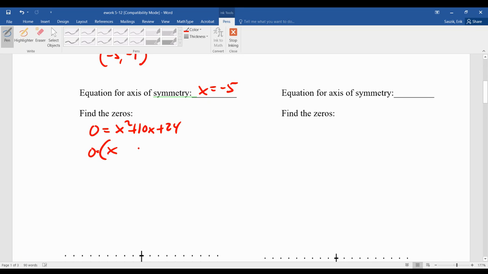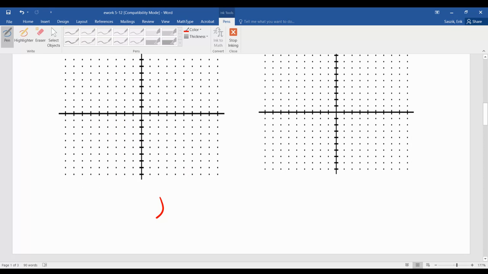And it is. If I use 6 and 4, these are both plus. My zeros are negative 6, and my second one is negative 4. So those are two critical points.